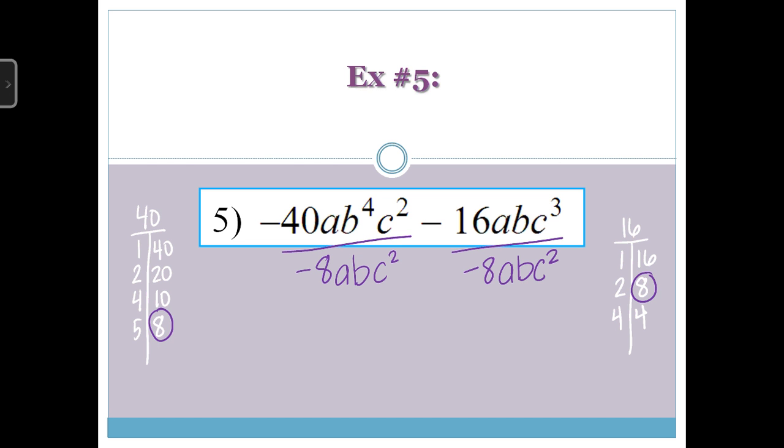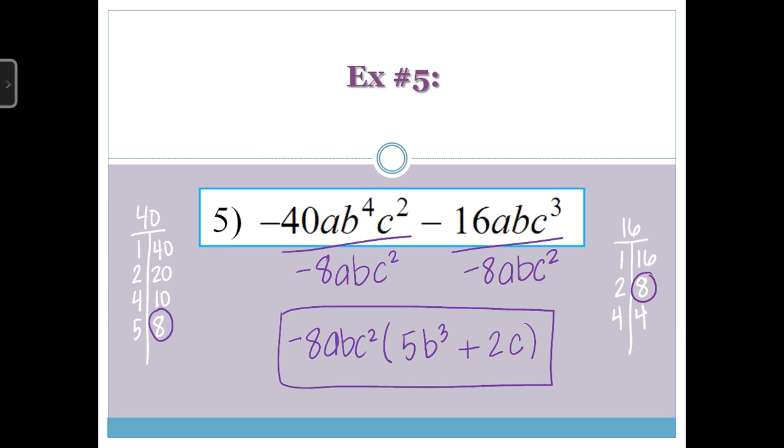Then you have negative 16 divided by negative 8. A divided by A, B divided by B, and C cubed divided by C squared. And then that's where we get our answer, negative 8abc squared. Inside the parentheses, 5b cubed plus 2c.